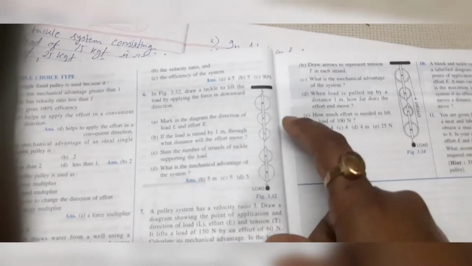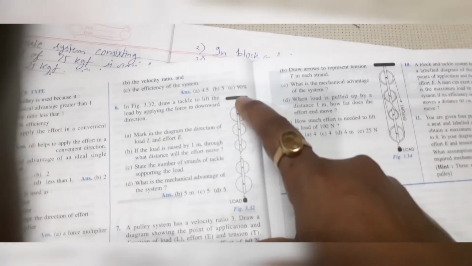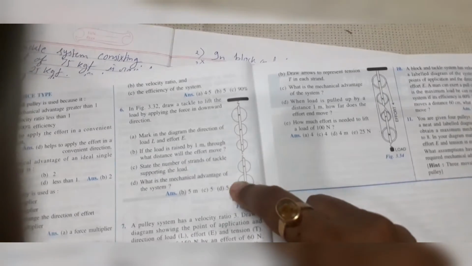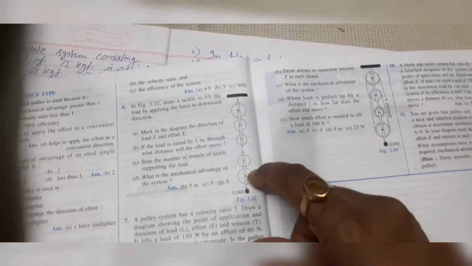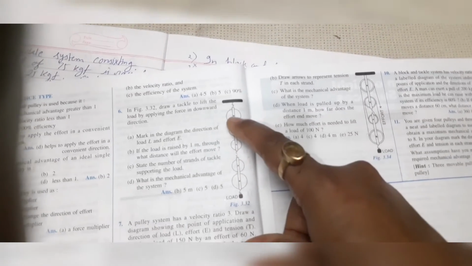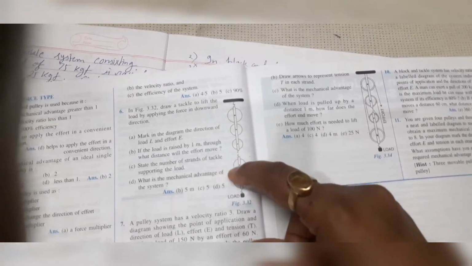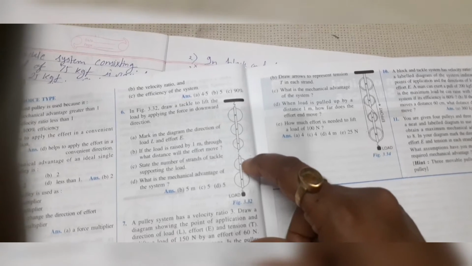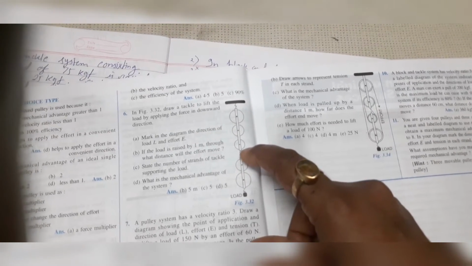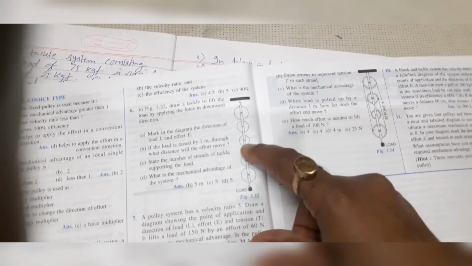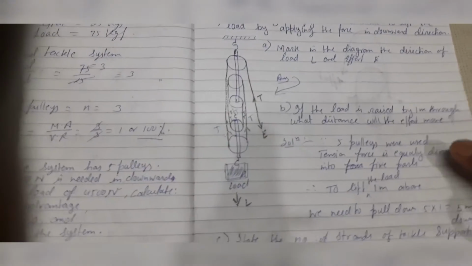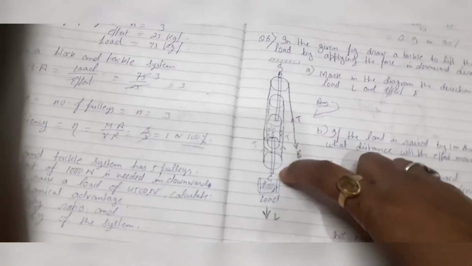First of all, try to understand how we will draw the strands. From here we will apply the effort, so it will move in this direction, from the top pulley to the bottom pulley, then the second one from the top, then the bottom one, and so on. This way we will see how it is connected. I am going to show you the diagram without the strands.